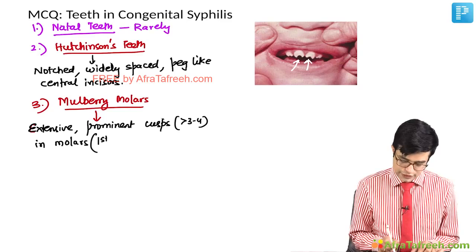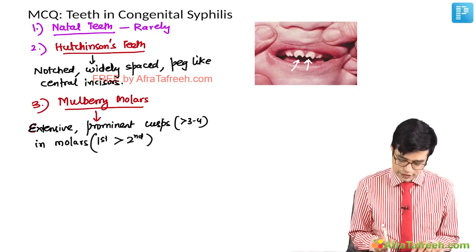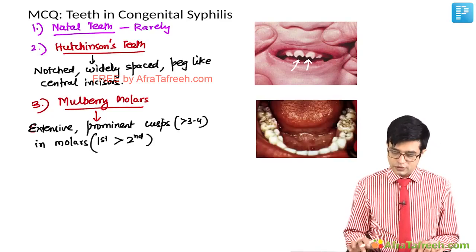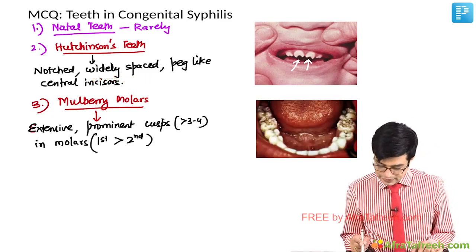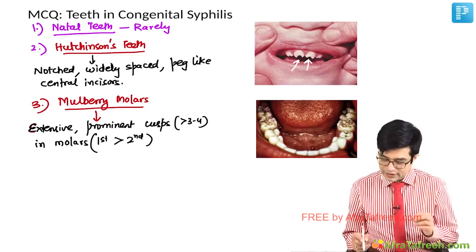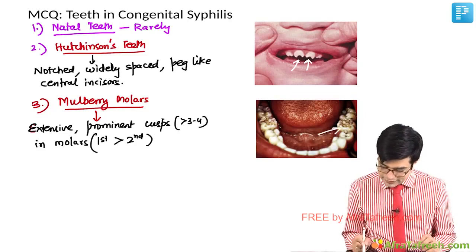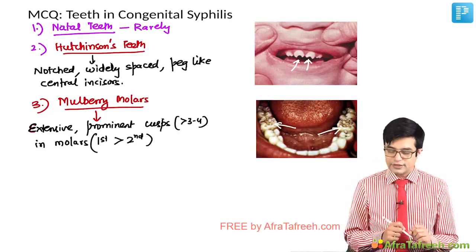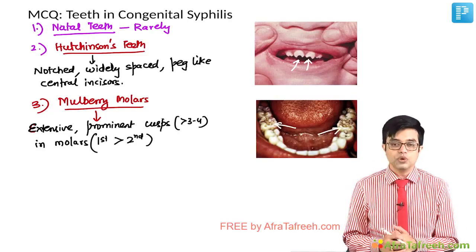Usually the first molar is involved, sometimes the second molar can also be involved. Look at this picture. Can you see the extensive mulberry-like lobulated prominent cusps which are present in this tooth as well as this tooth? These are called as mulberry molars.